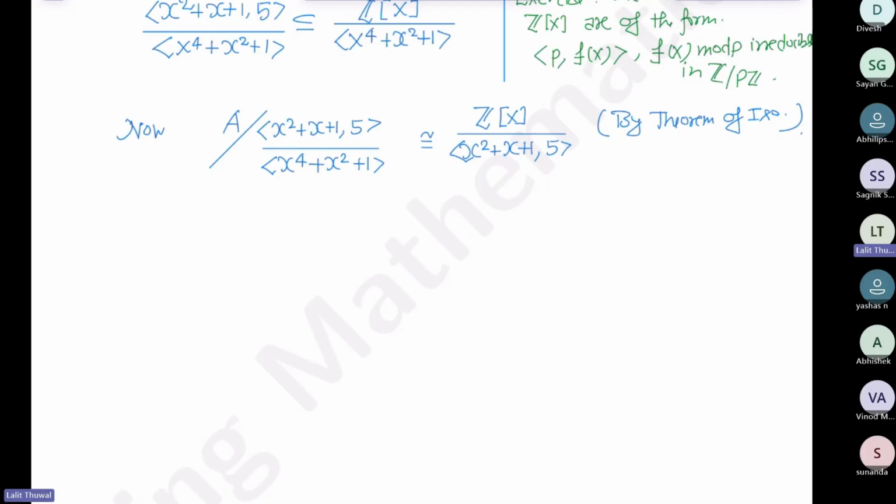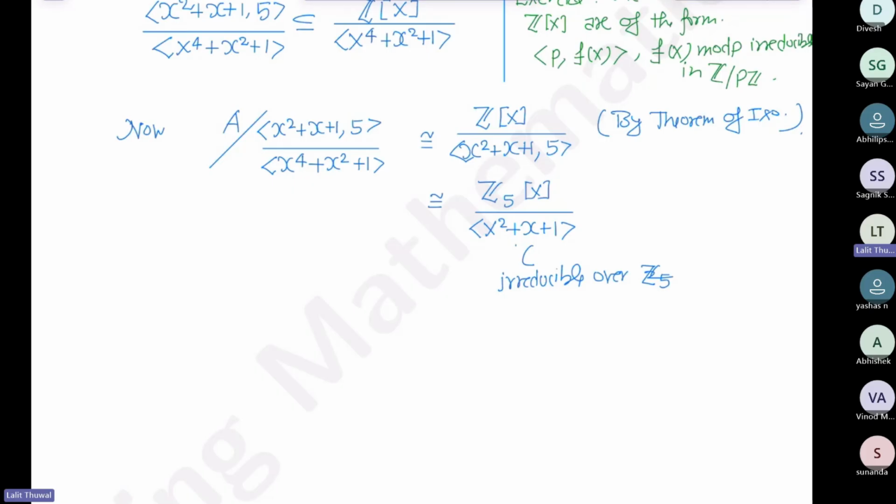And this is isomorphic to Z_5[x]. This is your homework, okay? You can directly define a homomorphism, an isomorphism also. And this polynomial is over Z_5 now. It is irreducible. This is also your homework. Student: The last one I can't understand.